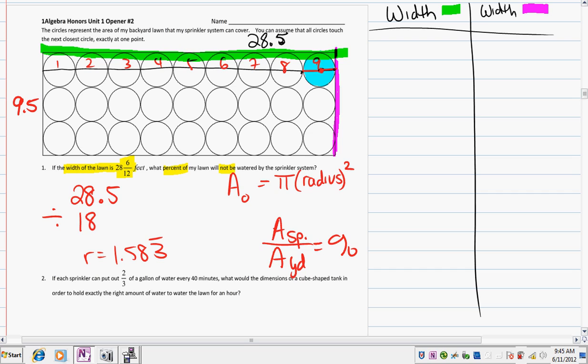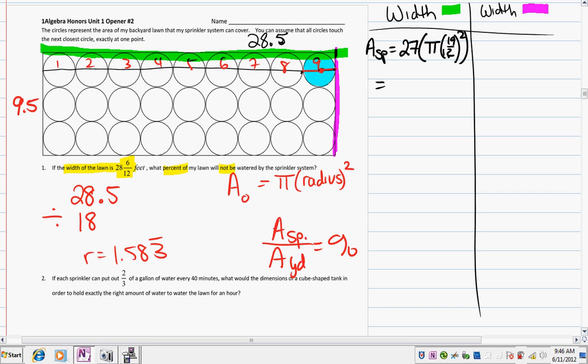So the area of the sprinklers is equal to, I have 27 circles, all at pi radius squared, 19/12 squared. Let's pull up the calculator.